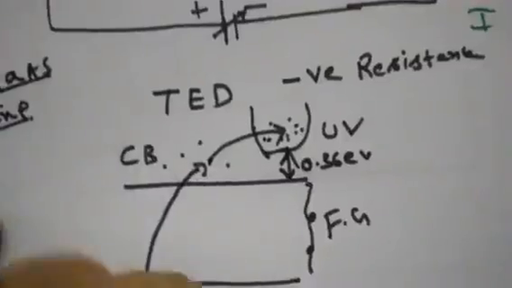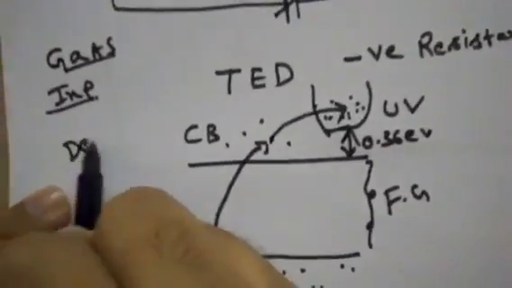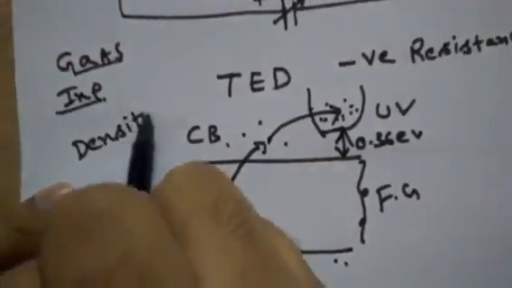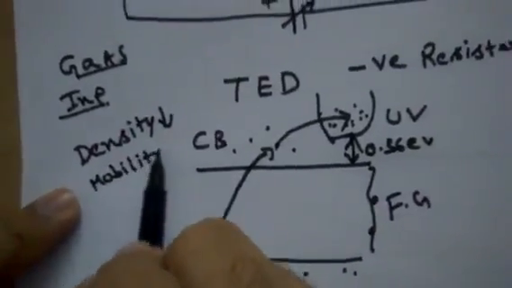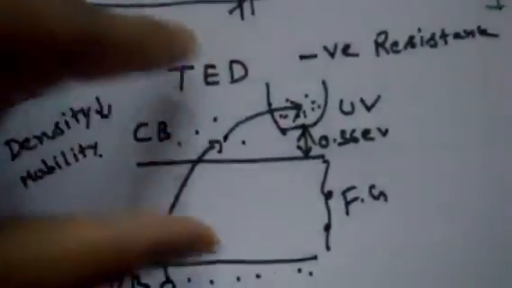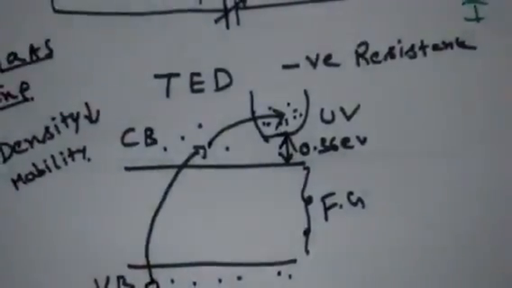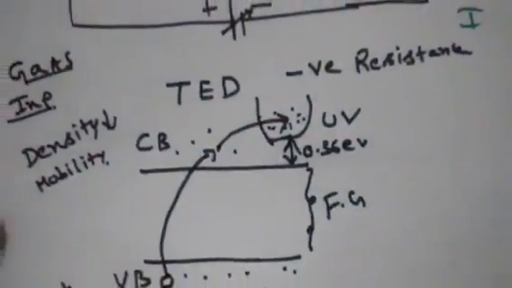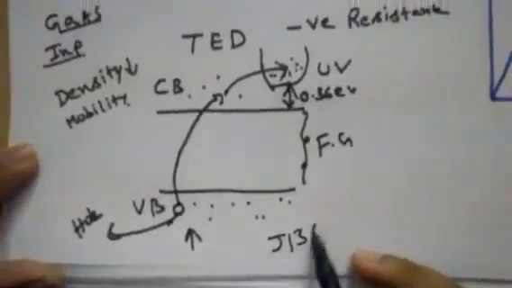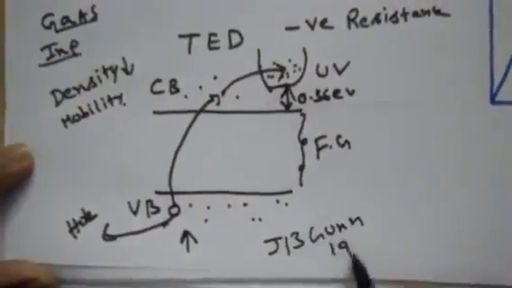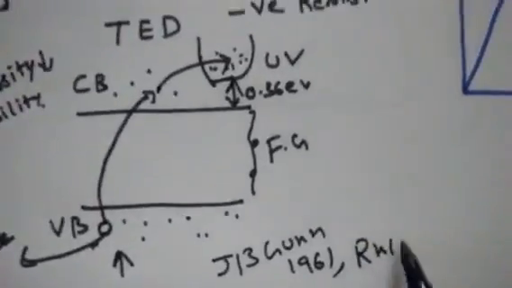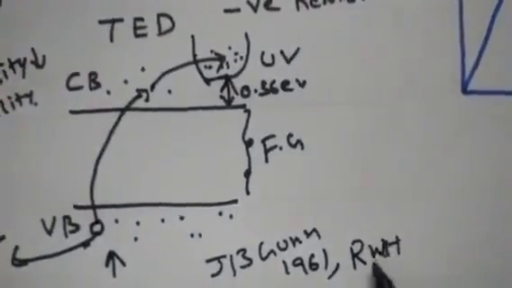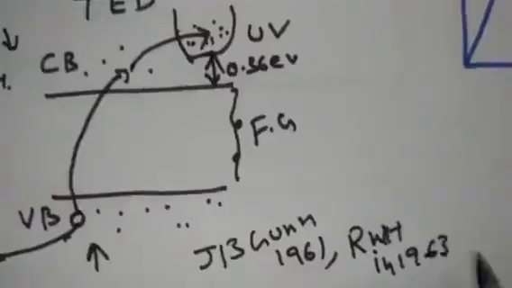As a result, density of the electrons increases and mobility decreases. Simply this is what we call Gunn effect. This was invented by J.B. Gunn in 1961. It is supported by RWH theory in 1963.